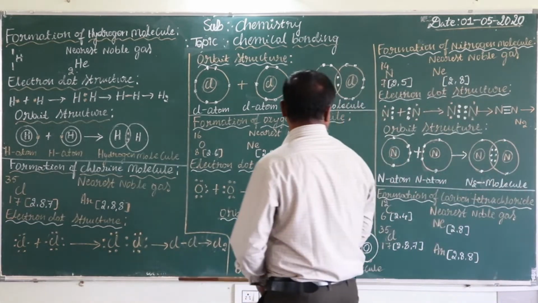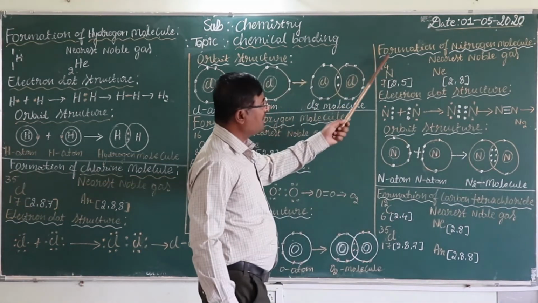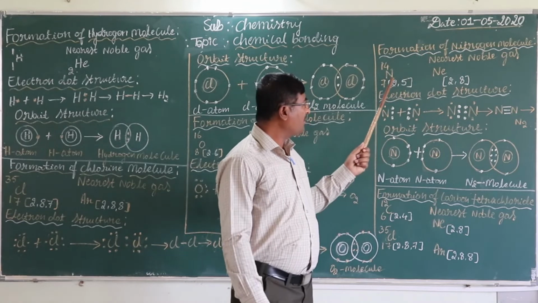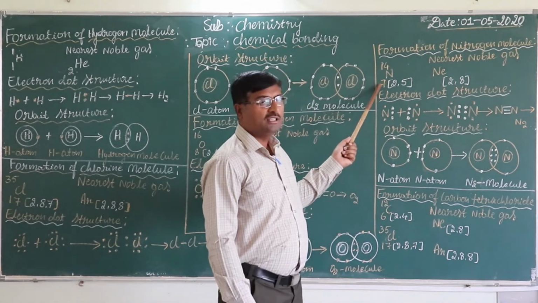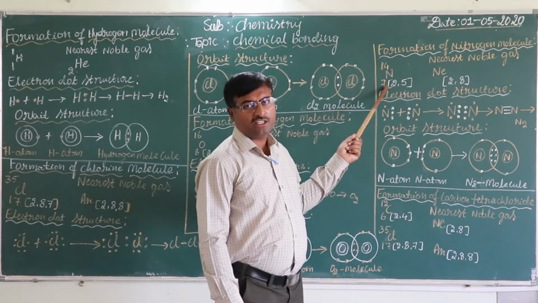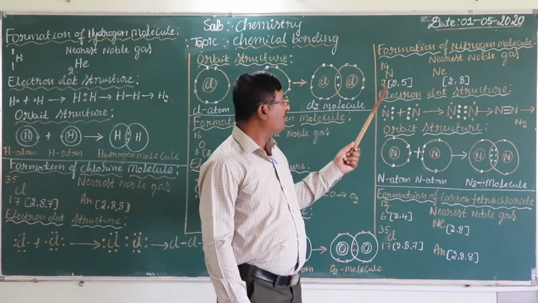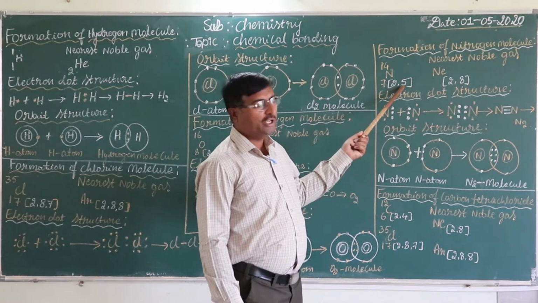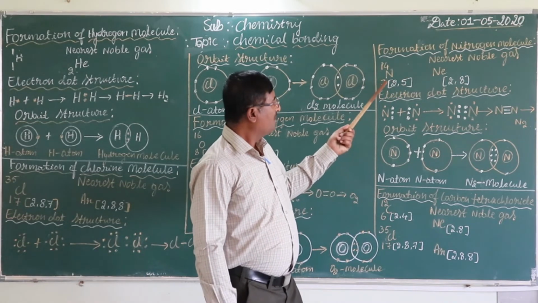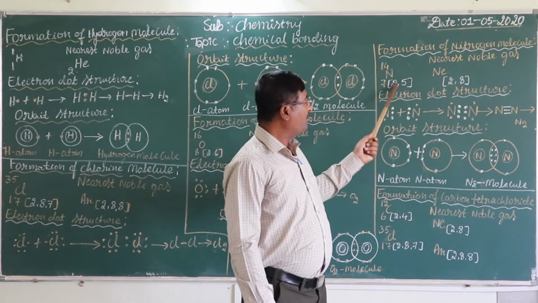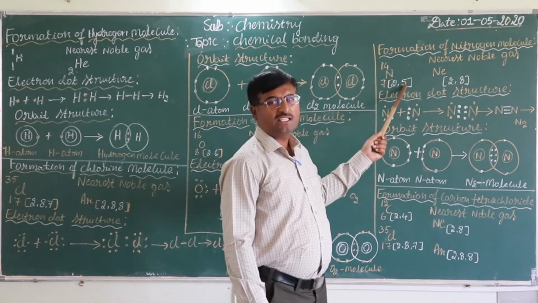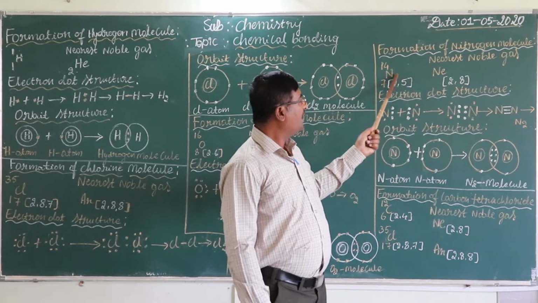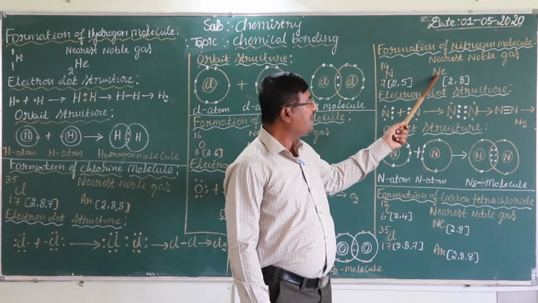Now next we will go to the formation of the nitrogen molecule. The atomic number of nitrogen is 7, that means 7 electrons are there. Two electrons will occupy the first orbit, and 5 electrons will occupy the second orbit. Here in the outermost orbit 5 electrons are there, so it is in an unstable configuration. Near to this nitrogen, neon is there.